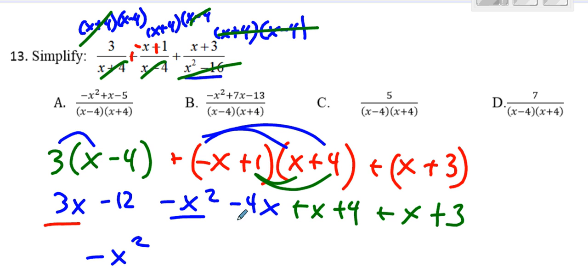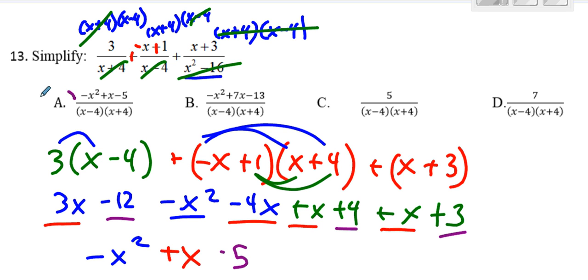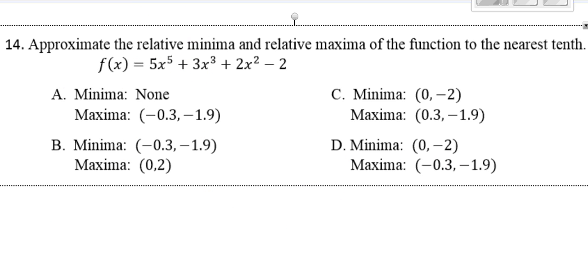Then combine all your x's. 3x, negative 4x, plus x, plus x. 3 minus 4 is negative 1. Plus 1 is 0. Plus 1 is 1x. And then your constants, negative 12, positive 4, that's negative 8. Negative 8 plus 3 is negative 5. So we got the numerator that's there on A.